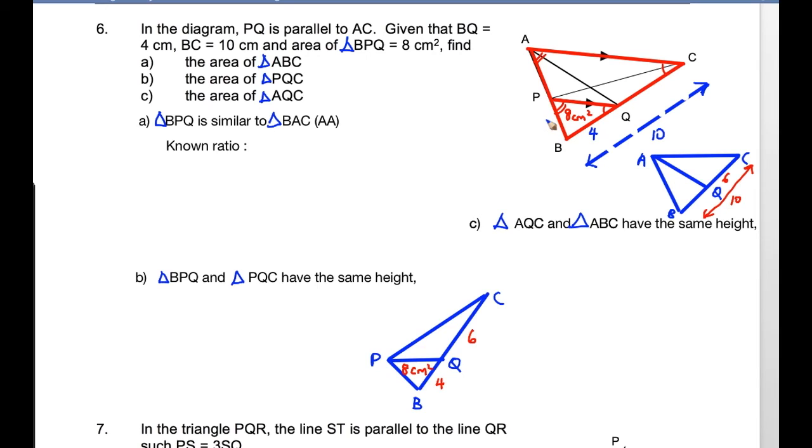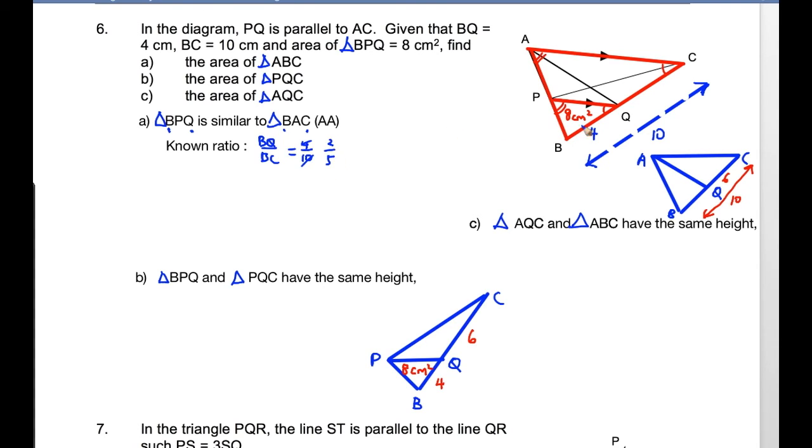Next, we identify the known ratio, which is the side BQ corresponding to the side BC, which is 10. The ratio BQ over BC is 4/10, which is 2/5.